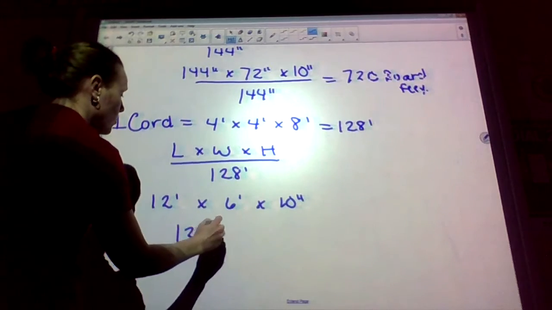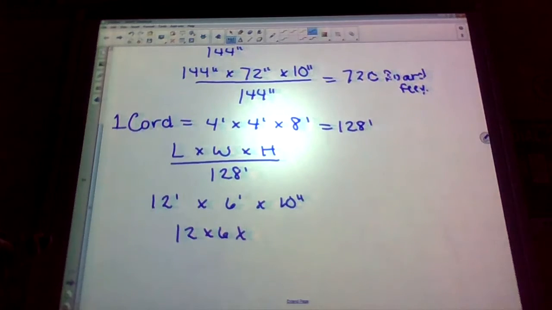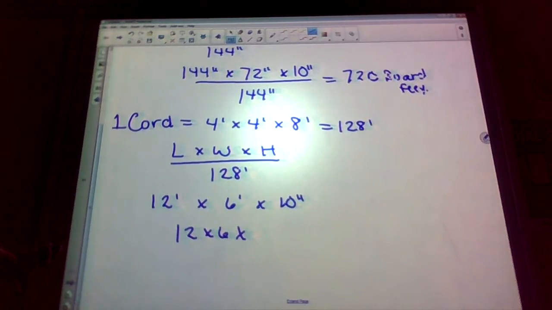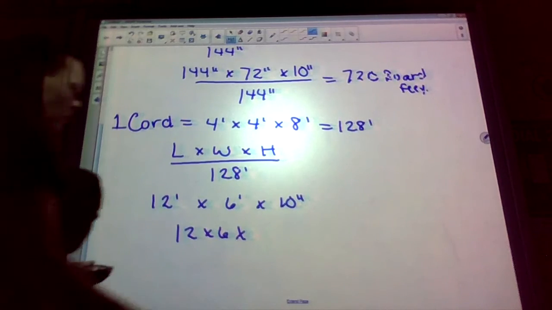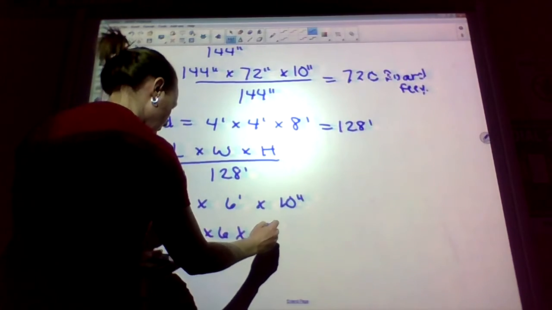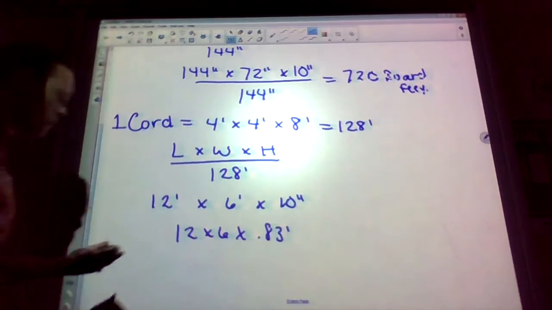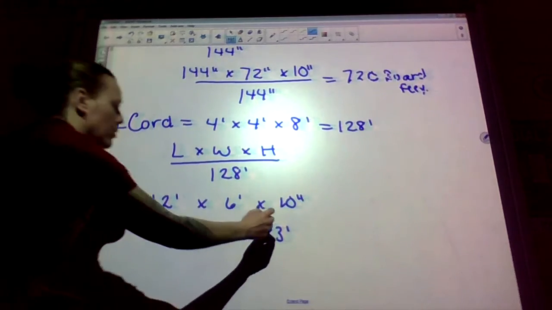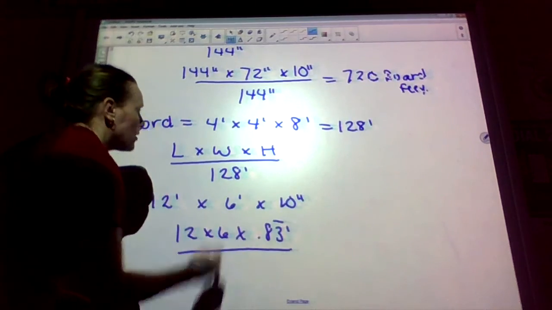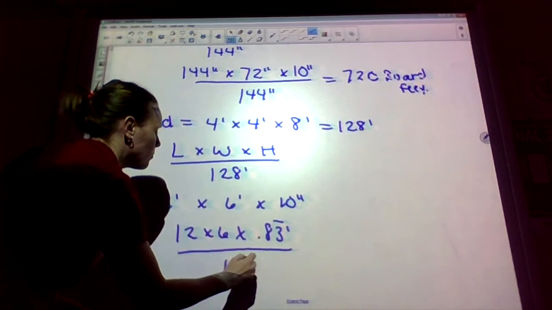So 12 times 6, and then if we take 10 inches and convert that into feet, it's about 0.83 of a foot, a repeating 3. All of that goes over 128.